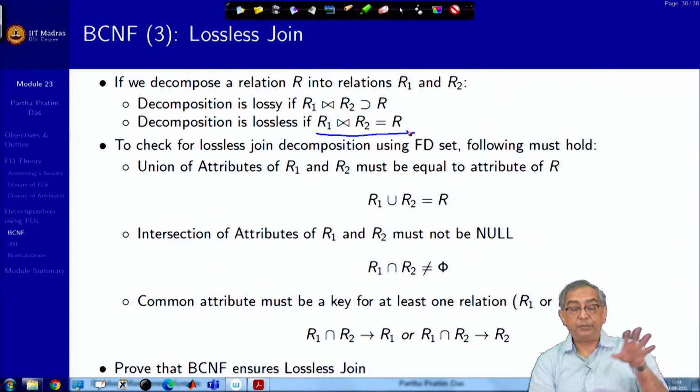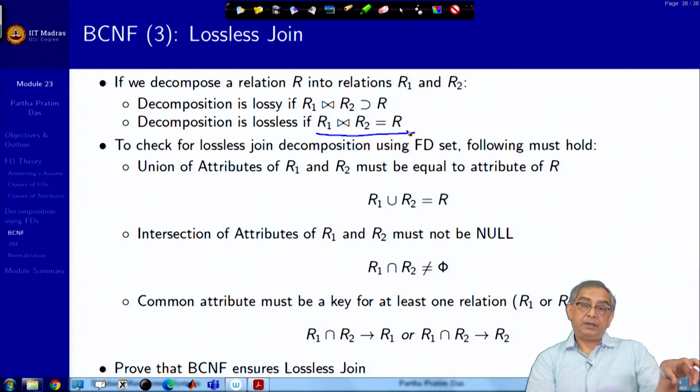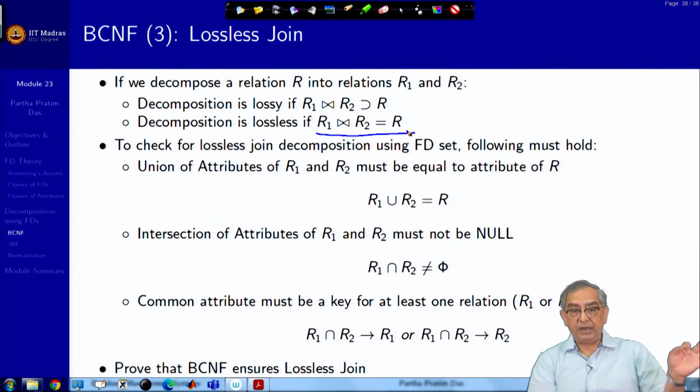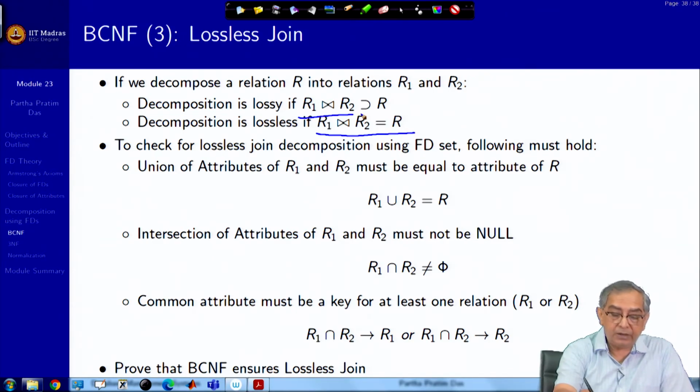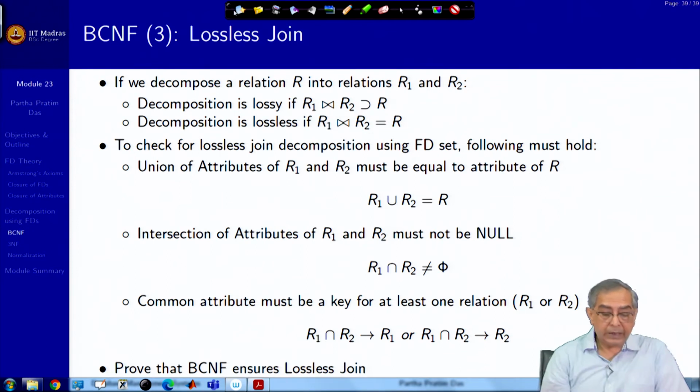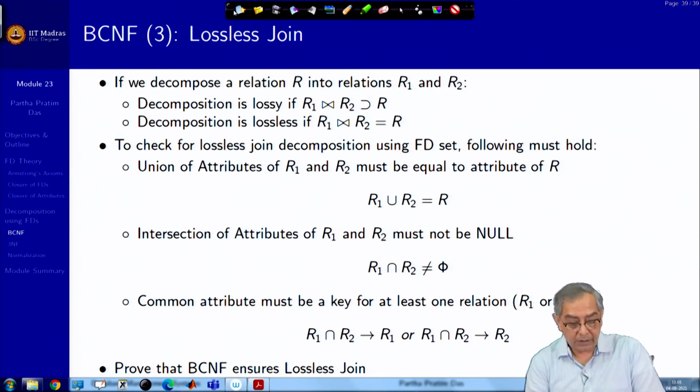When you have decomposed R into R1, R2, take them as instances and make a natural join, you must get back R in every possible case. If you get something more, then it is a lossy one. Now, these are just statements I am making. We are not proving this here.